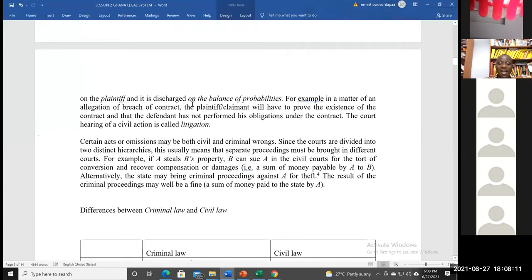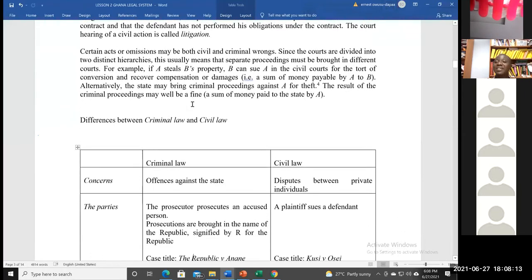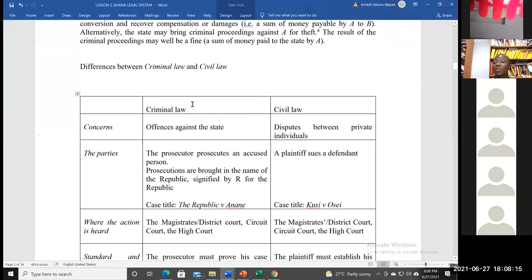So these are just for our information so that we are clear in our mind concerning the basic or the elementary distinction between these matters. And that is why, if you look at the table, we put it in a very simple way that criminal law concerns offenses against the state, and civil law concerns disputes between private individuals mainly.